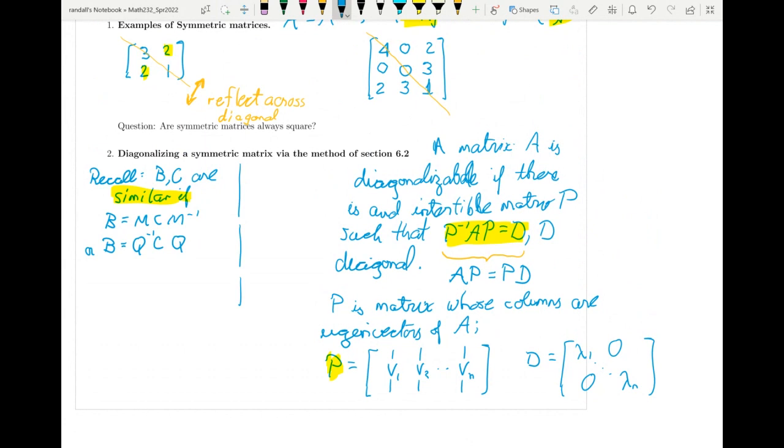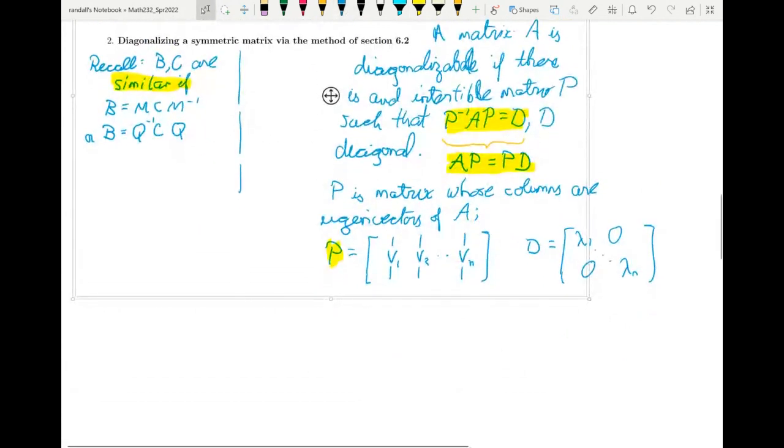And this formula, P inverse AP equals D, will only work if you write it that way. It won't work if you write it PA, P inverse D, for instance. You can see why this is the right way to do it when you multiply on the left by P inverse.